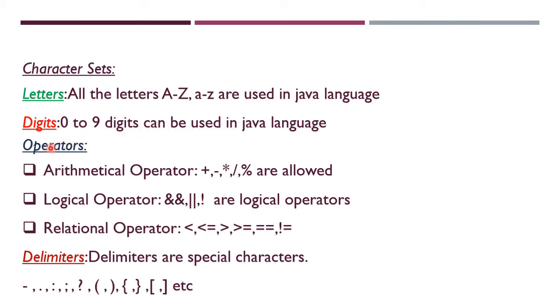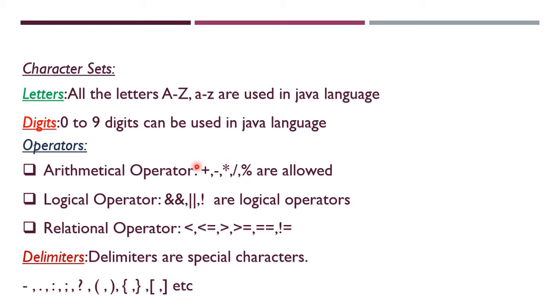And what are the operators? Operators are divided into 3 categories: arithmetic operators, logical operators, and relational operators. What are arithmetic operators? As we know from mathematics, plus, minus, into, and division are available.